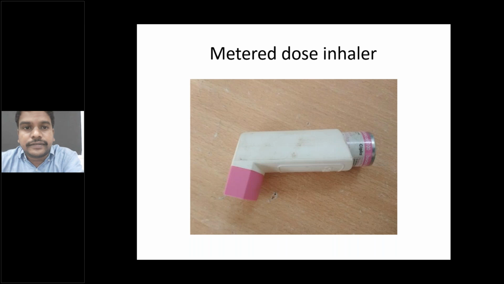Write that: metered dose inhaler. Drugs administered through this instrument are salbutamol, corticosteroids. In brackets you write budesonide. Salbutamol, comma, corticosteroids, in brackets budesonide.